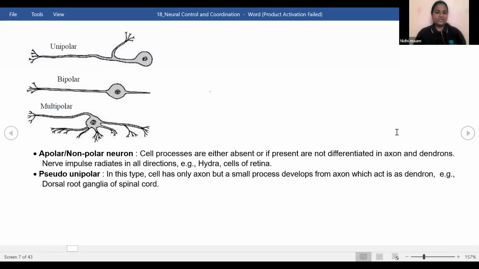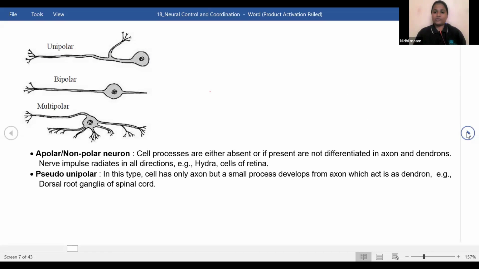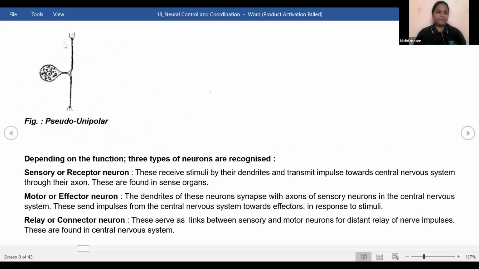Only the cyton is present, you cannot see any branches. Pseudo-unipolar: here the cell has only one axon but a small process develops from the axon. See here, this is a pseudo-unipolar. So this is based on the number of branches or endings we have.